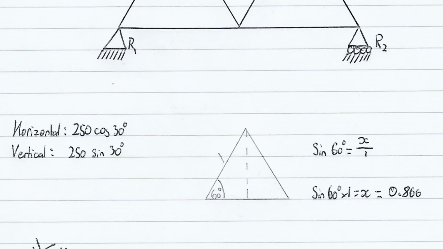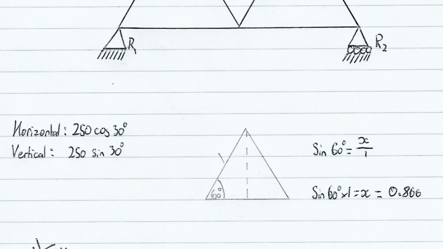We also need to calculate the perpendicular distance of the forces in relation to the fixed pin joint. We can calculate the perpendicular distance of the horizontal force using basic trigonometric ratios, as seen to the right. If we assume each truss member is 1 meter long, we can use a simple trigonometric ratio of sine 60 equaling x over 1.